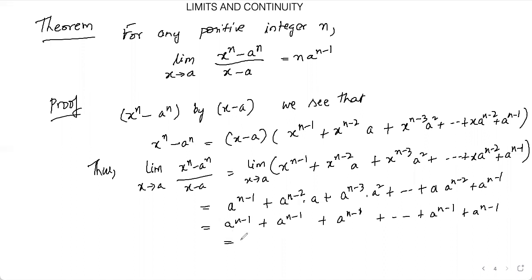So this will be n into a to the power of n minus 1. So we got that the limit as x tends to a of x to the power of n minus a to the power of n by x minus a is equal to n into a to the power of n minus 1. Okay, so hence we have proved that.